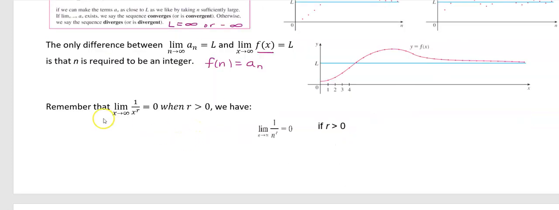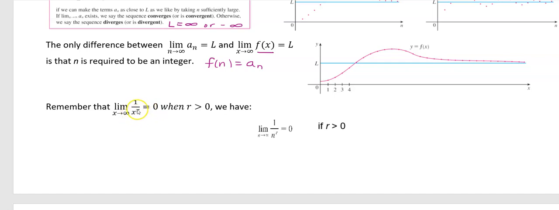Okay, so something to remember is that when you have the limit as x approaches infinity of 1 over x to the r, the limit of that is equal to 0. And that was a really big idea, particularly when you were in Calc 1, but also when we were talking about L'Hopital's rule earlier.